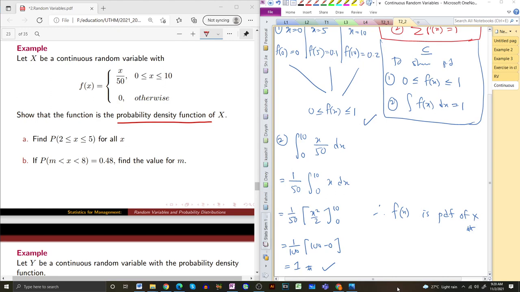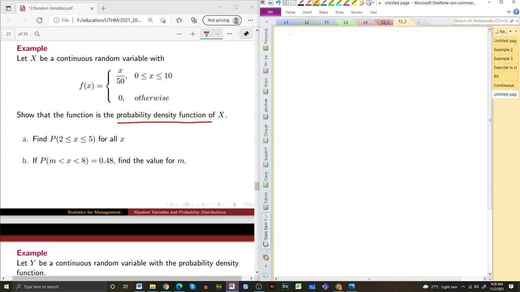Let us do question A now. How to answer question A? Normally in discrete, if this kind of question is given, what you will do is find x equal to 2, 3, 4, and then 5 and add them up, isn't it? But in continuous, we will use the application of integration.